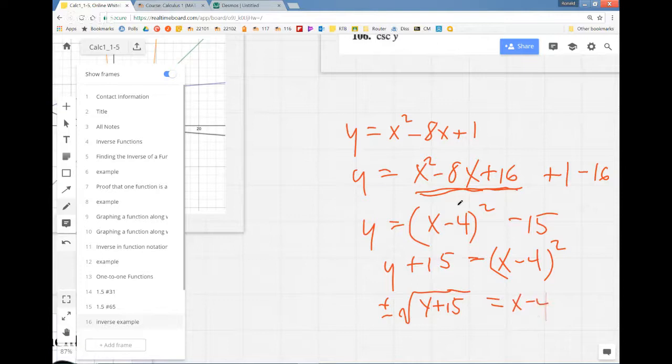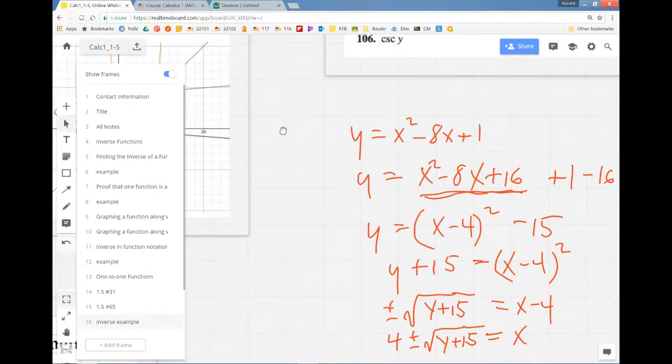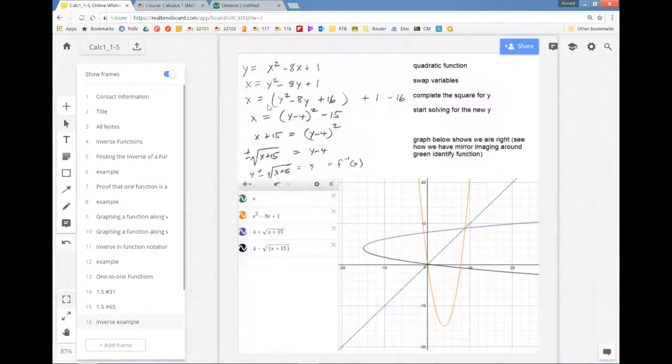And then lastly, I can add 4 to both sides. So that's the technique called completing the square. So hopefully you're familiar with that. So that's what I did up here to complete the square.